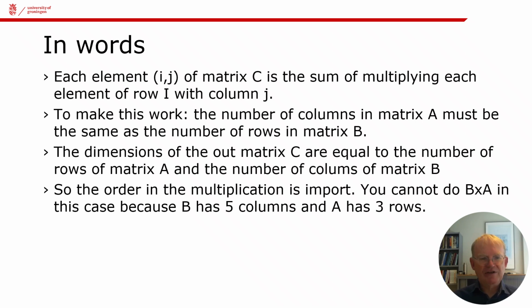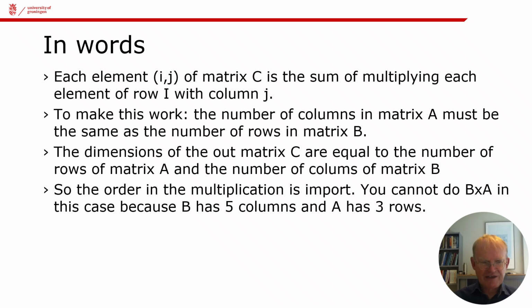So each element ij of matrix C is the sum of multiplying each element of row i with column j. And to make this work, the number of columns in matrix A must be the same as the number of rows in matrix B. That's important, otherwise it simply won't work.